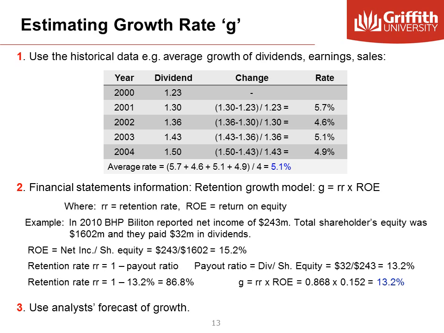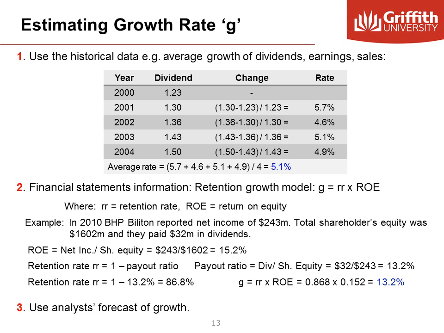To calculate the retention rate, first we find what proportion has been paid in dividends, or the payout ratio, given by dividends divided by shareholders' equity. So in our case, the payout ratio is 13.2%. This is what we pay. Therefore, what we don't pay, we retain.